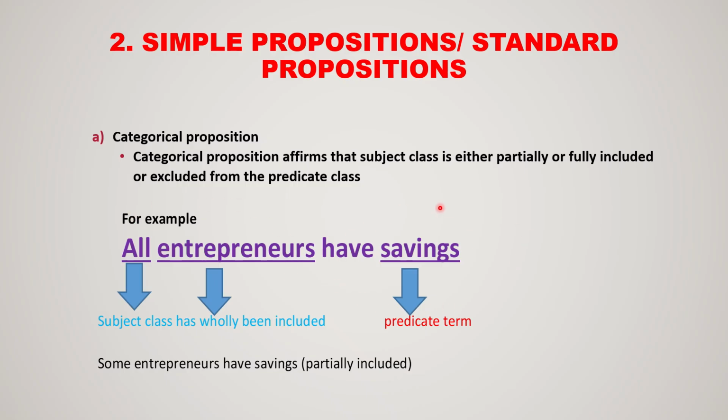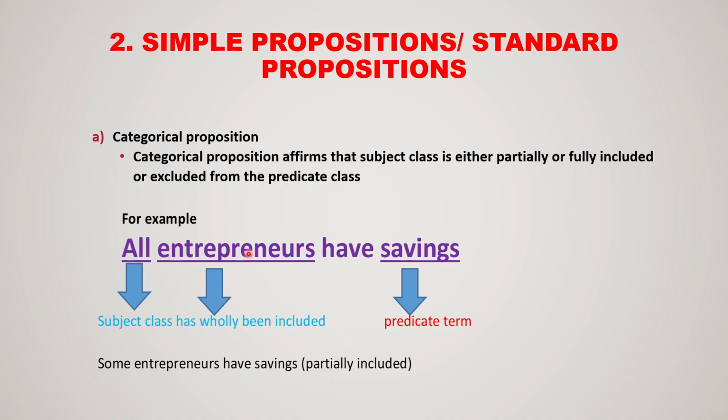So we are going to note that when it comes to this kind of argument, we are either fully including the subject in the predicate, or we are partially including them, or we are excluding them from the predicate.